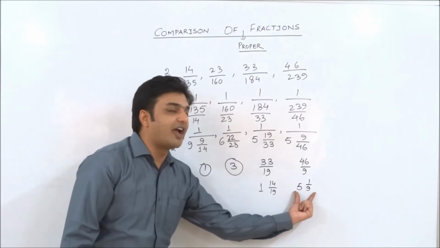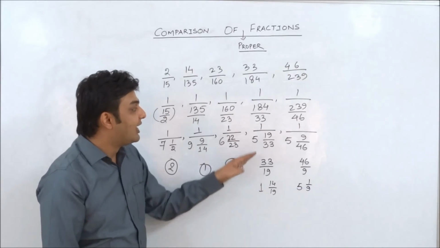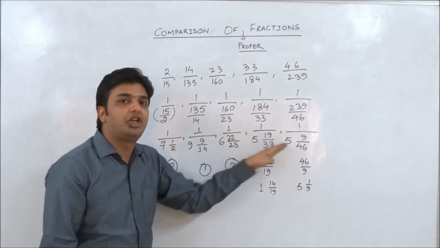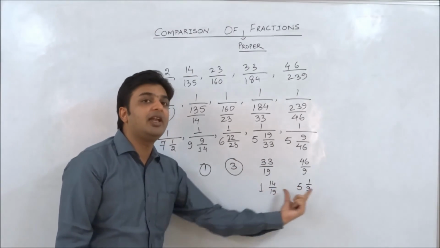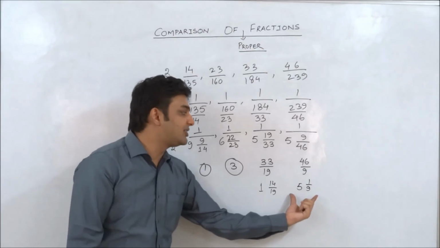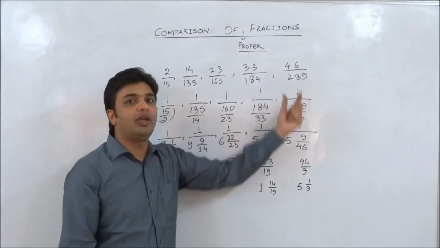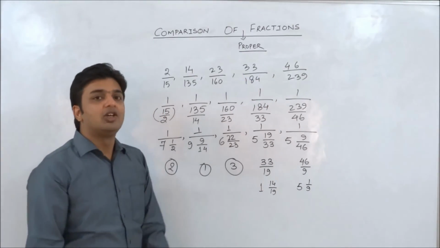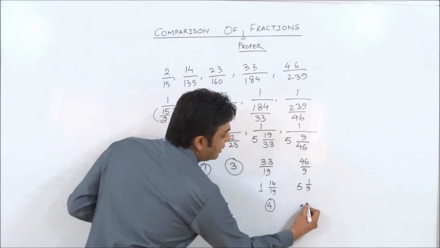So obviously 5 1 by 9 is greater than 1 14 by 19. Now as you can see here, the numerator was 1, the values were in denominator. But as we have taken the reciprocal, the values are coming in numerator. So here if the number is greater, the original number is going to be greater. Here if the number is smaller, the original number is going to be smaller. So this is smaller of the two and this is greater of the two.